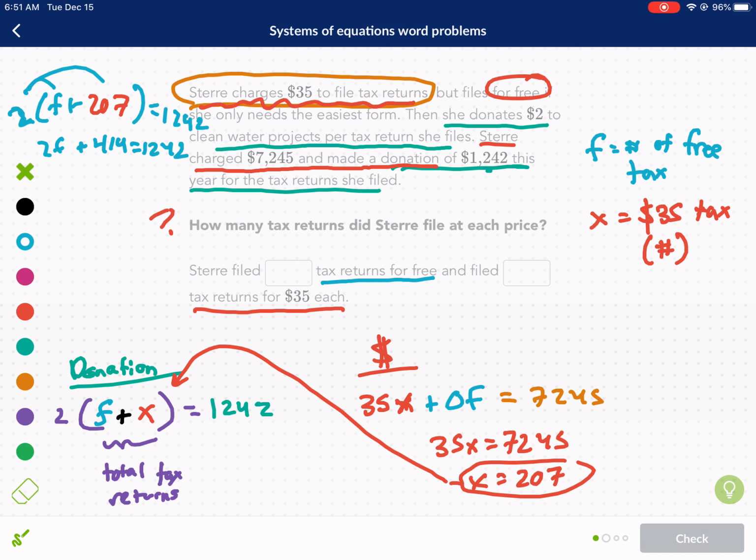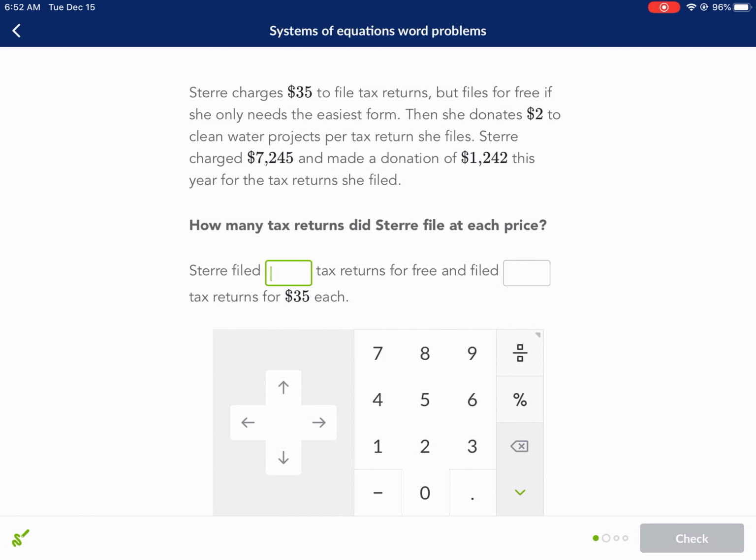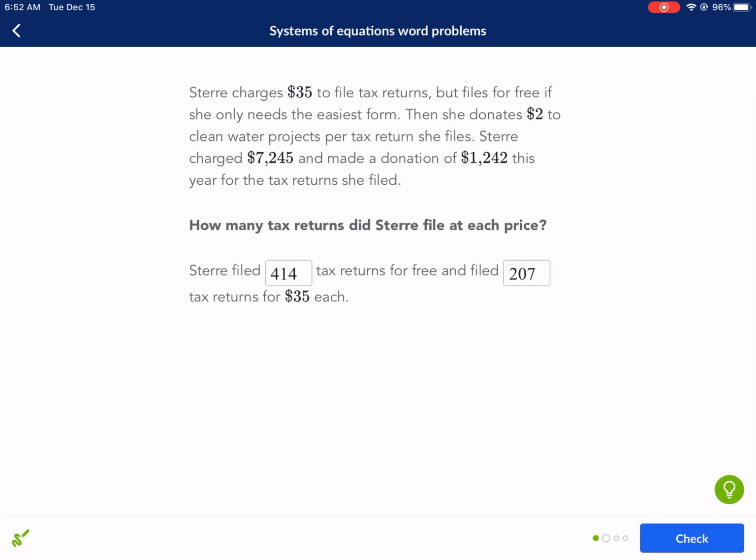So we do 1242 minus 414, and we get 828 because we subtract from both sides. We're doing a two-step equation here, people. 2F equals 828. Then we divide by 2, and we get F equals 414. So now we have our free tax returns is 414. Our $35 ones is 207, and we're done.